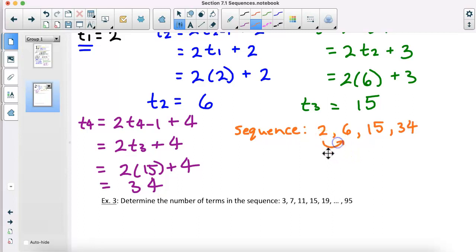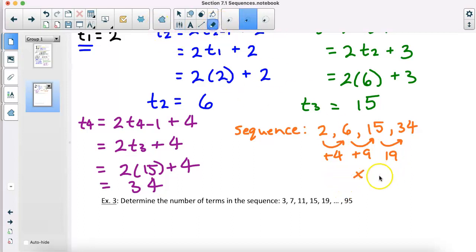So from 2 to 6, we added 4. From 6 to 15, we added 9. And from 15 to 34, we added 19. So this is definitely not an arithmetic sequence, okay? Because there's no common difference here.